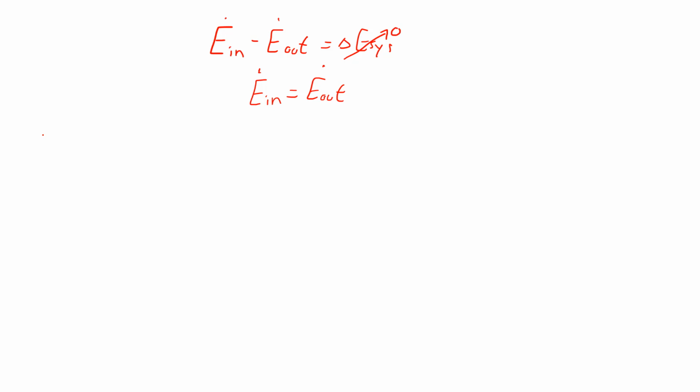So let's write it out. Energy in by heat plus energy in by work plus the sum of all mass flow rates in multiplied by each mass flow rate's enthalpy and kinetic energy. I'll just write it out as V squared over 2 instead of KE.